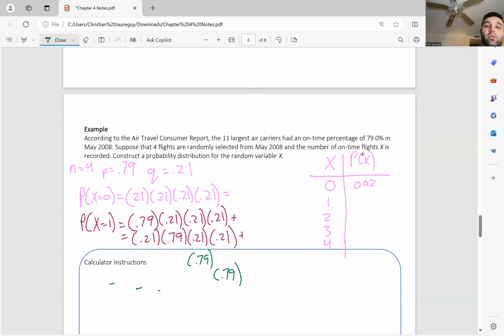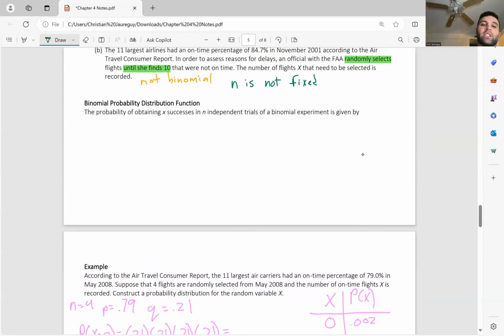So our formula for this situation, for this binomial experiment, will look like this.